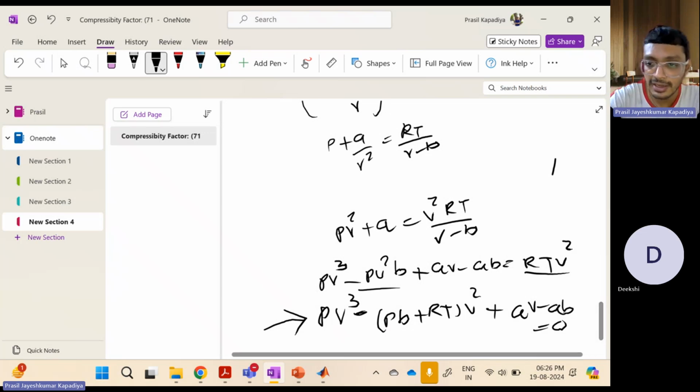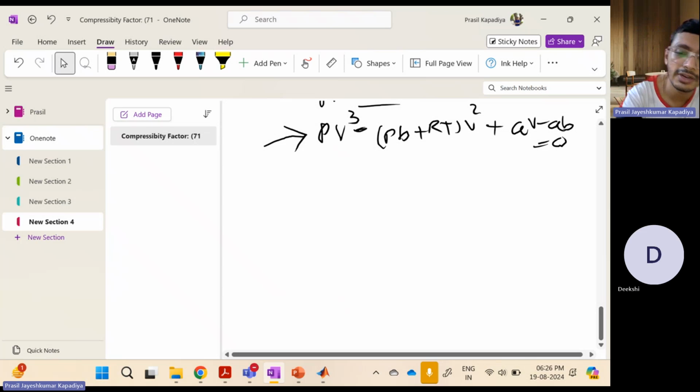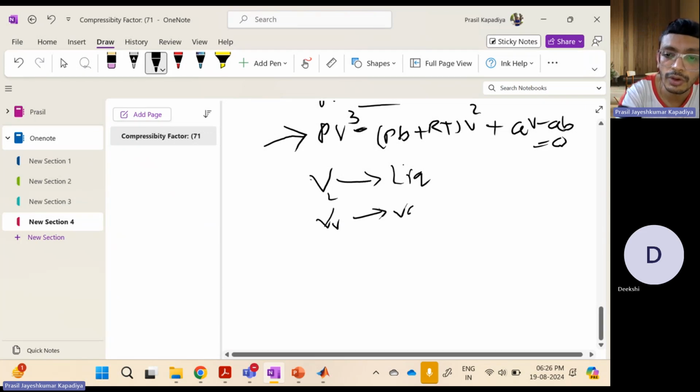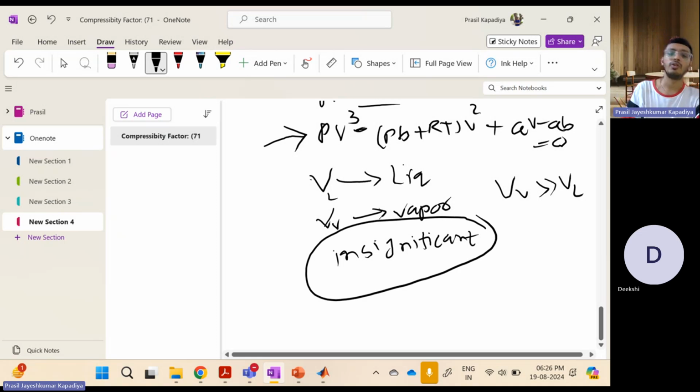Let's again see this here. As it's a cubic equation, we will have three roots. One will be the liquid root VL and one will be the vapor root. It's obvious the vapor volume will be much greater than the liquid volume, and there will be a third root that is an insignificant, unstable root, so that volume we never observe.